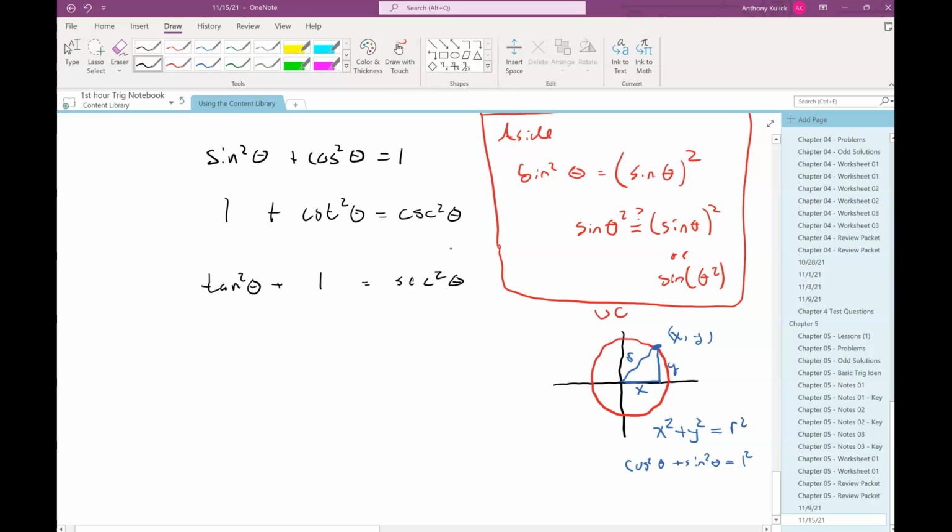And the second one is tangent squared theta plus 1 equals secant squared theta. Now, where do these two come from?